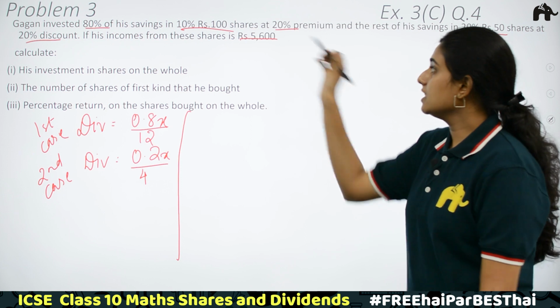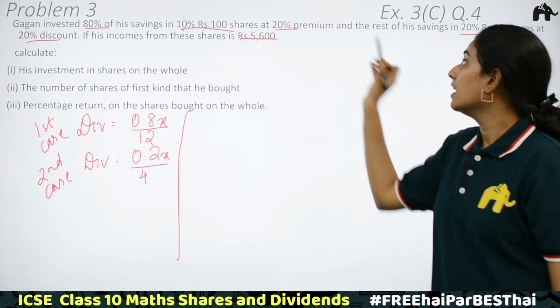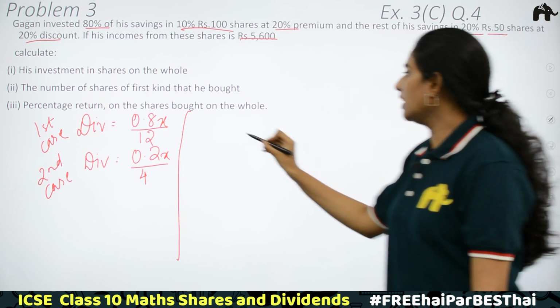Now, in the question it is given that his income from these shares is 5,600, which is the total dividend.